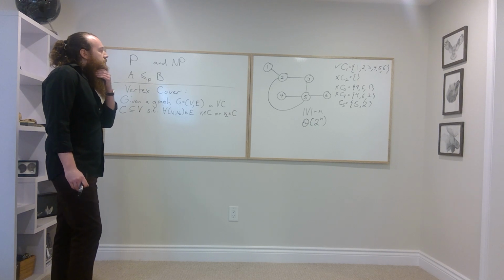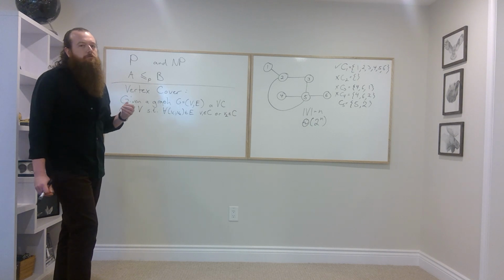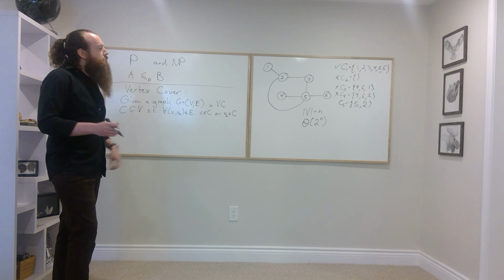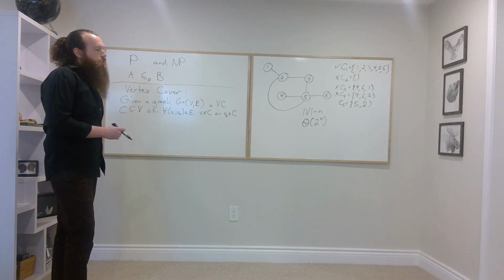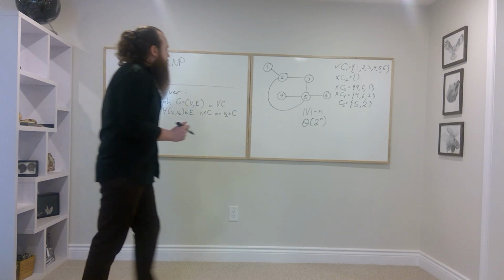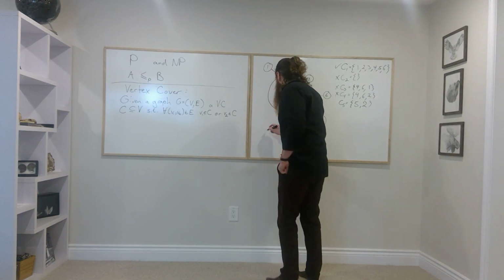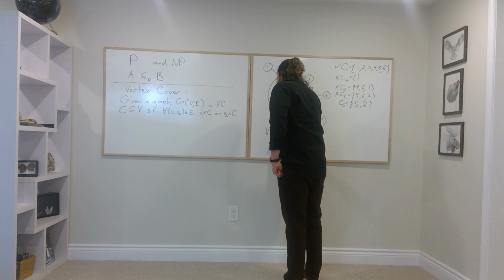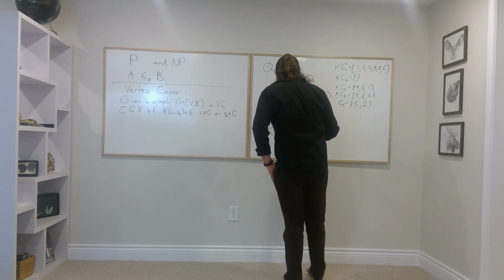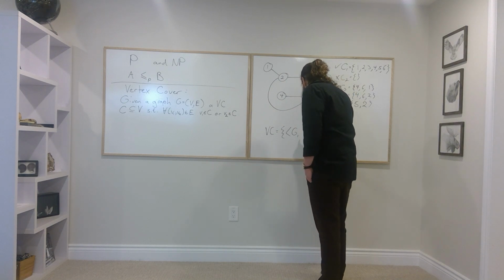But let's think. This vertex cover problem, let's try to write it out as a language. Remember we talked about before, languages are essentially problems, and problems are essentially languages. So it's going to take in a graph, and you're saying, Vince, you're in the way. Yeah, I know.